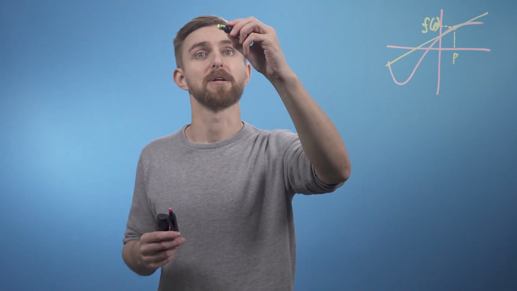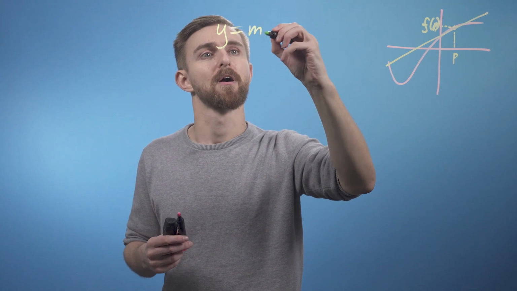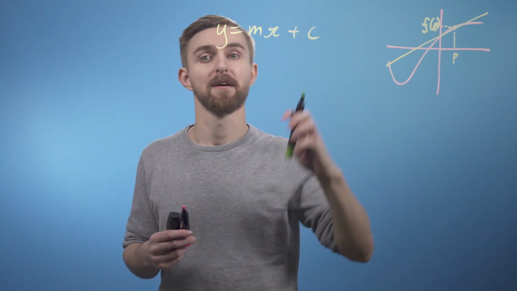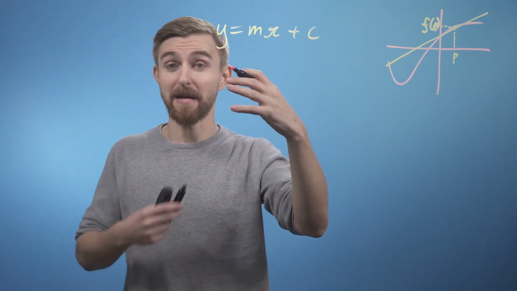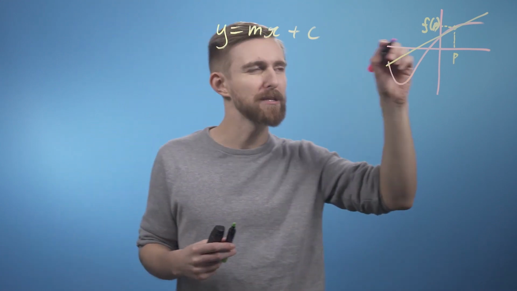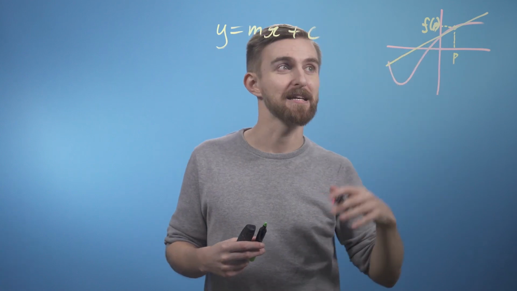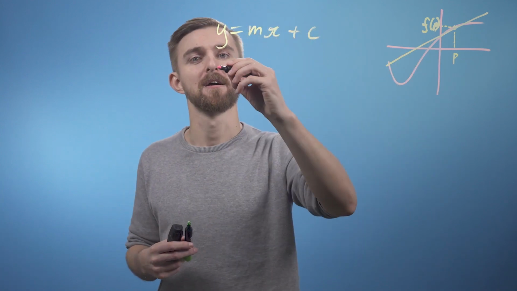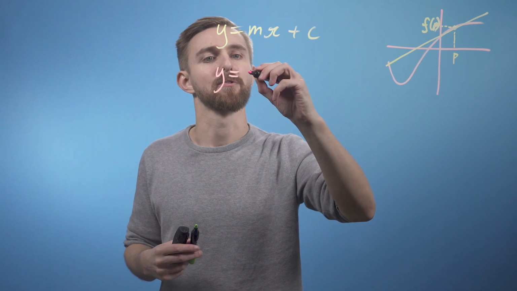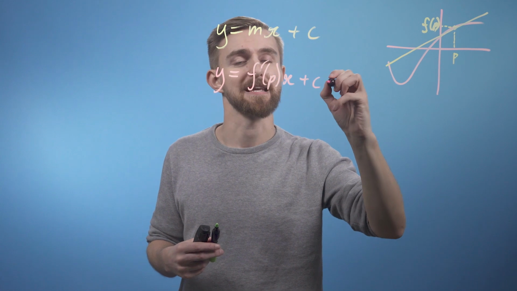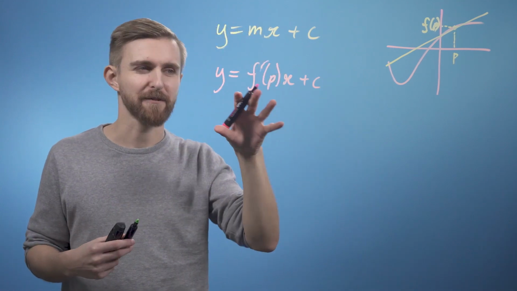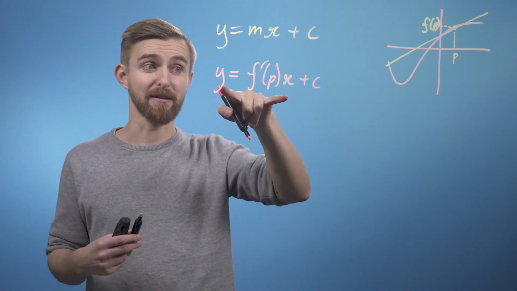So of course, that green line is going to have the equation y equals mx plus c. Now we know immediately that m is the gradient of this straight line. And we know the gradient of our function here is just f dash at p. So we can say y equals f dash at p x plus c. So all that's left is for us to find c. And to do that, we're going to need to know x and y.